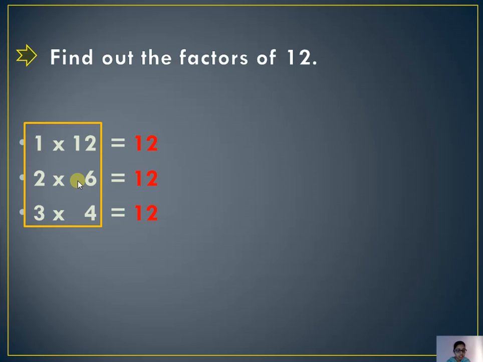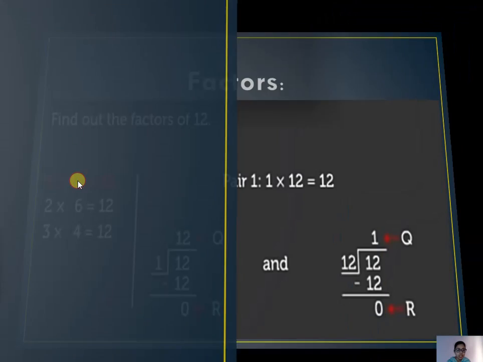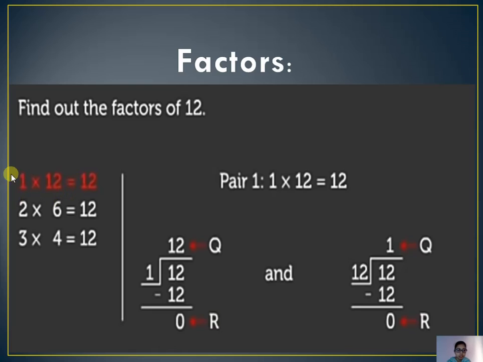Now let us take each pair of numbers separately. In the first pair, 1 multiplied by 12 is equal to 12. Now divide this 12 by any of these factors. First we divide 12 by 1. 12 divided by 1 gives quotient 12 and remainder 0.